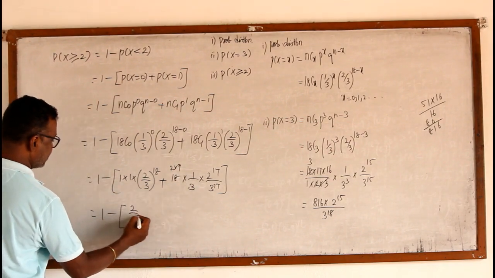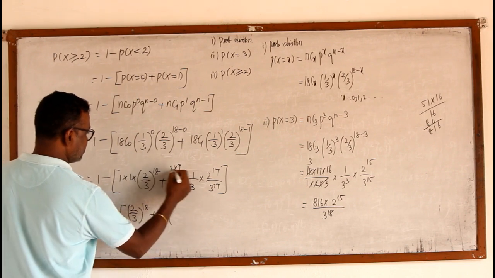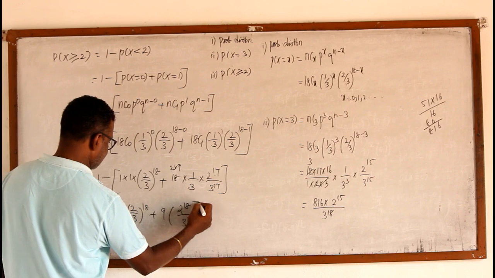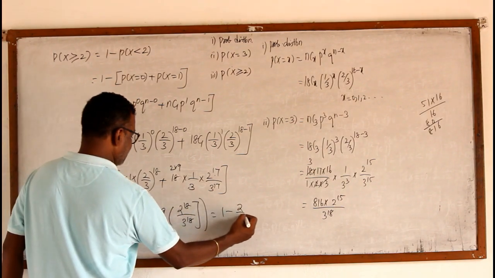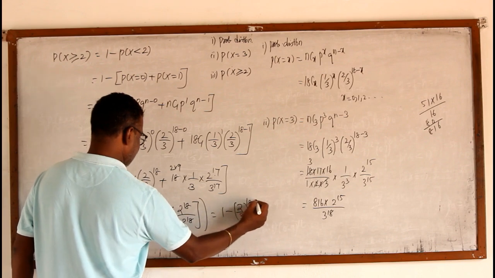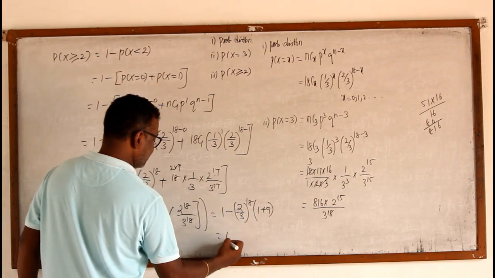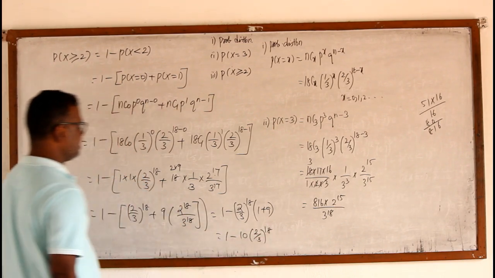So it is 2 by 3 whole power 18, 9 into 2 power 18 by 3 power 18. So it is 1 minus. If I take 2 by 3 whole power 18 as a common term, then I have 1 plus 9. So it is 1 minus 10 into 2 by 3 whole power 18.